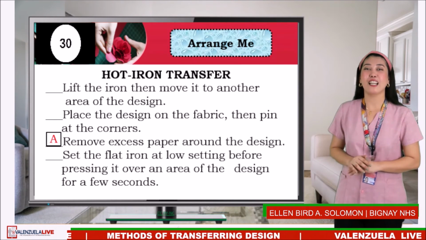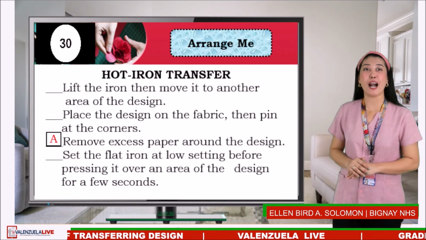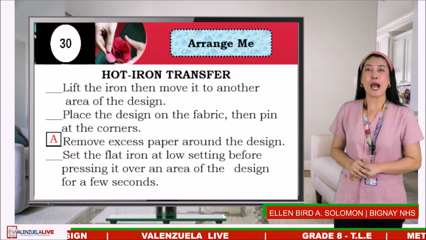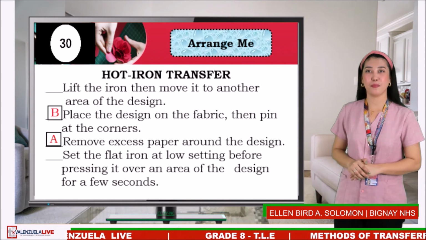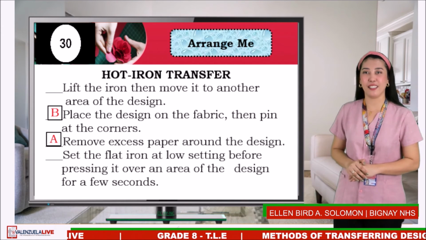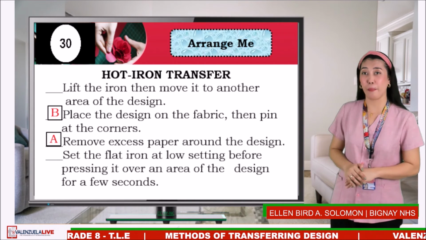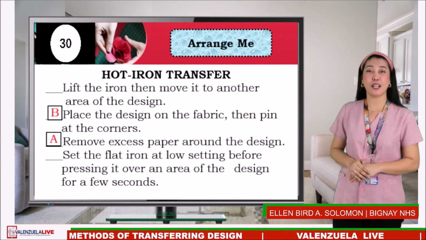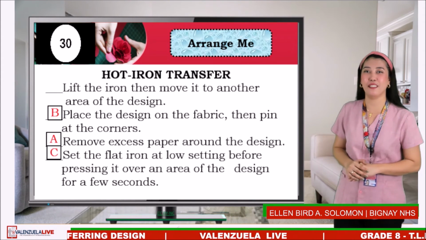Very good. Letter A is remove excess paper around the design. Correct. How about the second step? Very good. Letter B is place the design on the fabric, then pin at the corners. The third step is correct.